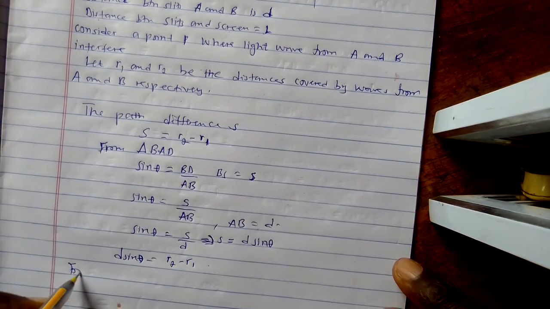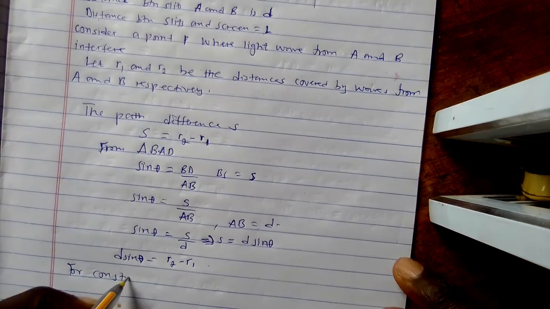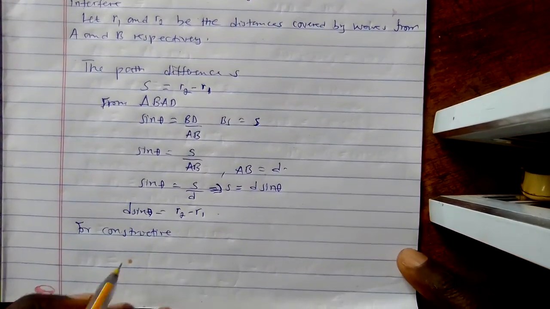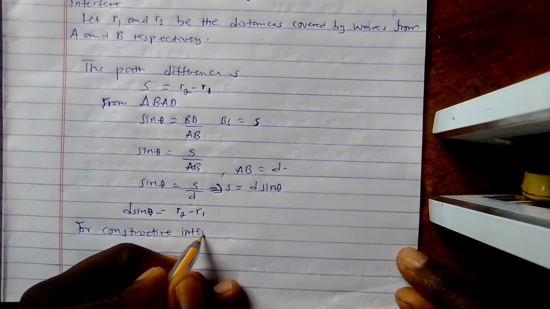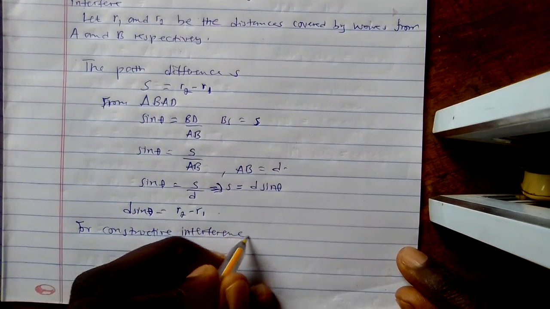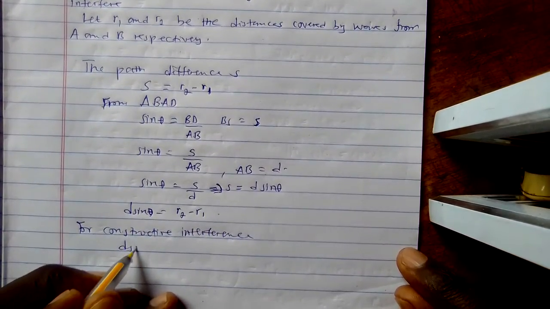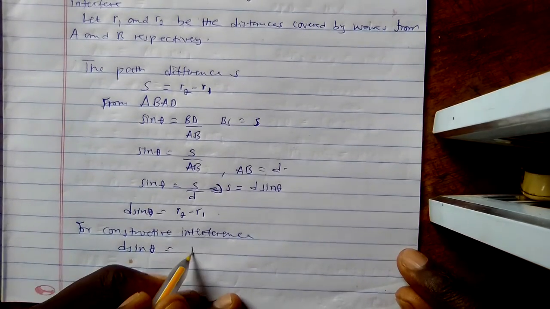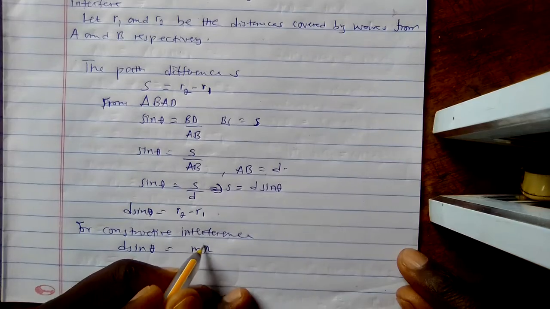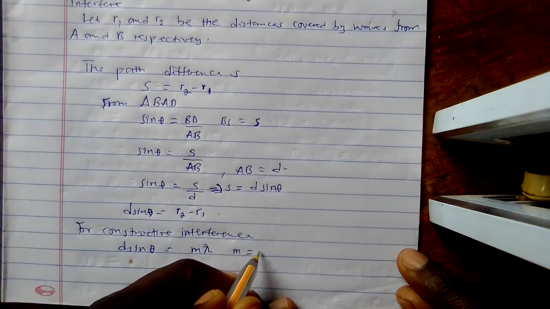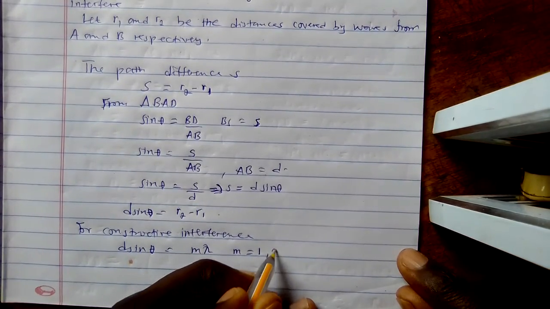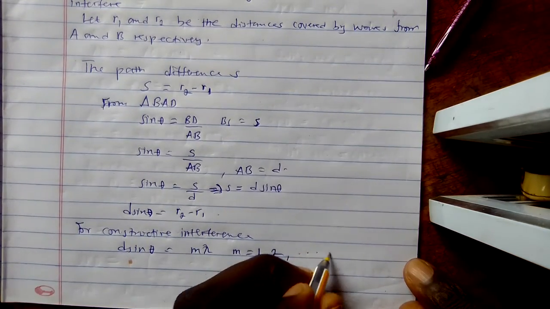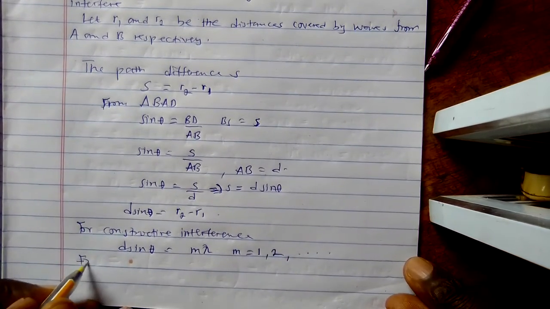So for constructive interference, d sine theta, which is our path difference, is an integral multiple of the wavelength, d sine theta equals m lambda, where m is 1, 2, up to infinity.